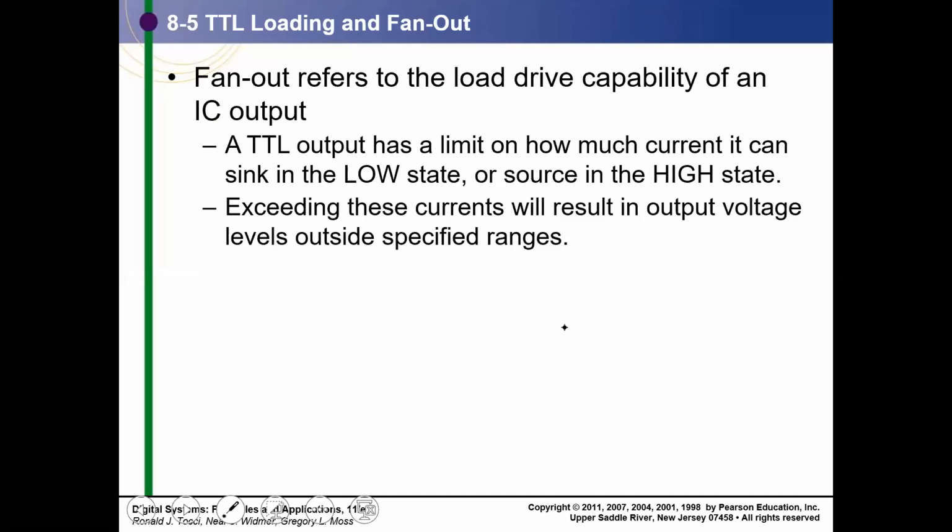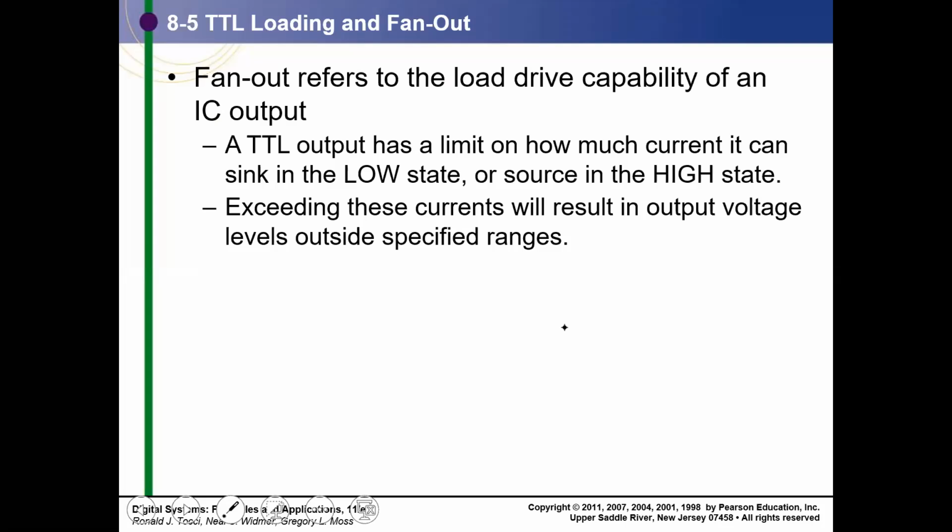This I am again pointing out. Fan out refers to the load drive capability of an IC output. So if a TTL output has a limit on how much current it can sink in a low state or source in a high state, you cannot connect more devices on the output of that node.